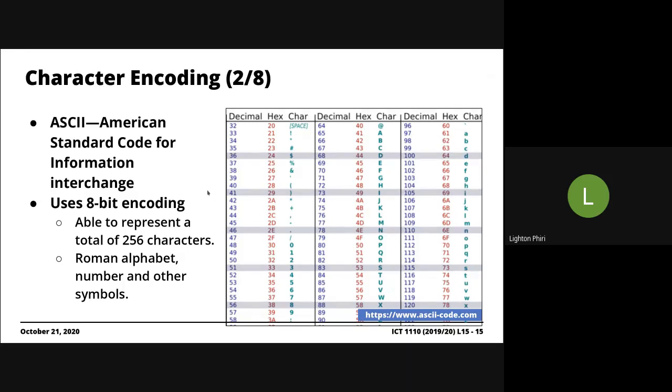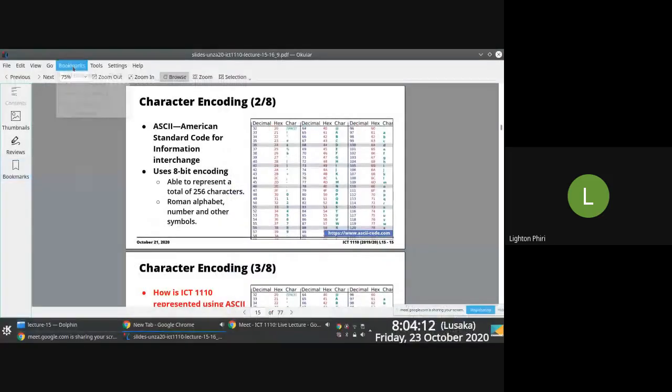So whether you're writing a 10-page assignment or maybe a 100-page report, assuming it's text only, you could potentially end up playing around with this sort of character set.